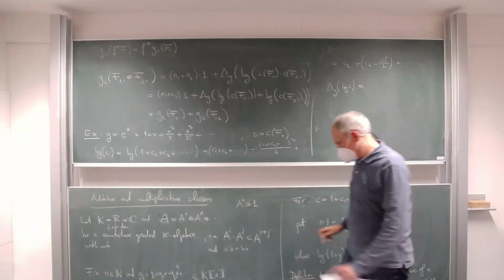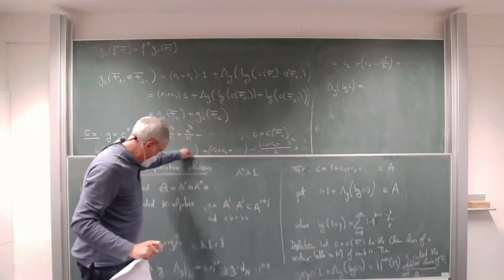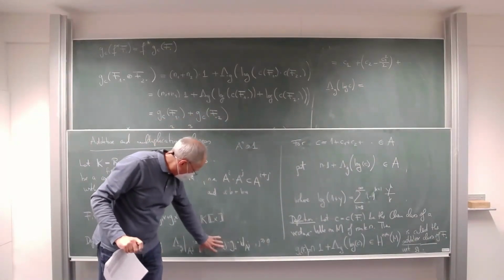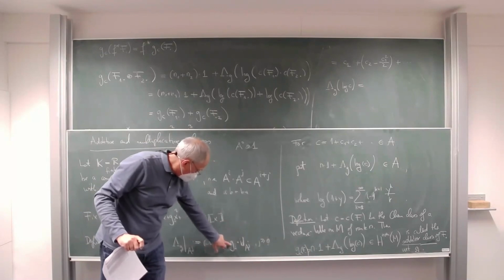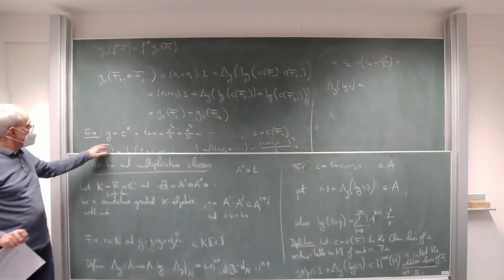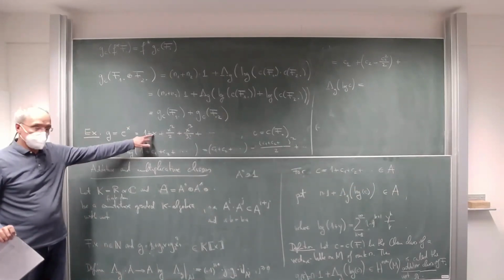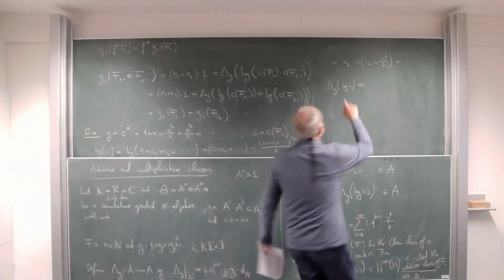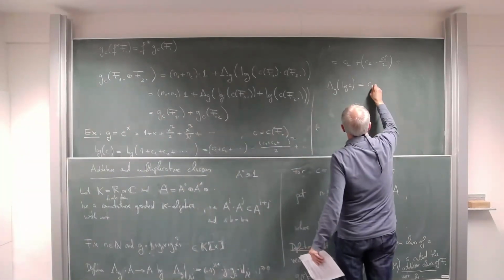In degree 1, j is equal to 1, no sign. I have to take g1 in the power series. And my power series is the exponential series, so the coefficient is 1. So it's just the identity, right? So it acts as an identity.